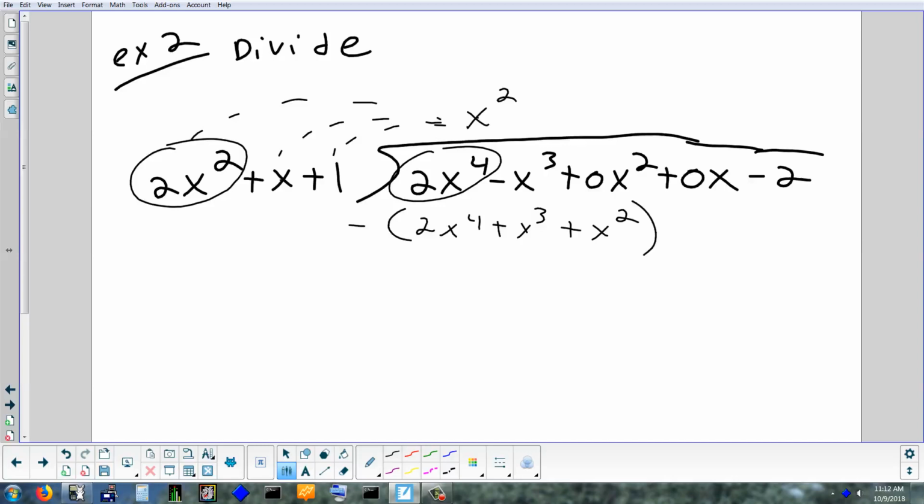So make sure you put it in parentheses and subtract everything. 2x to the fourth minus 2x to the fourth, gone. Would have been nice if the x cubed canceled out here, but it's not going to. So Gabe, if I subtract negative x cubed minus x cubed, what do I get?